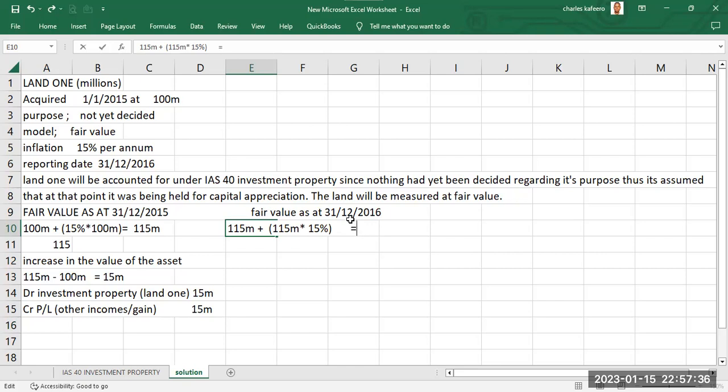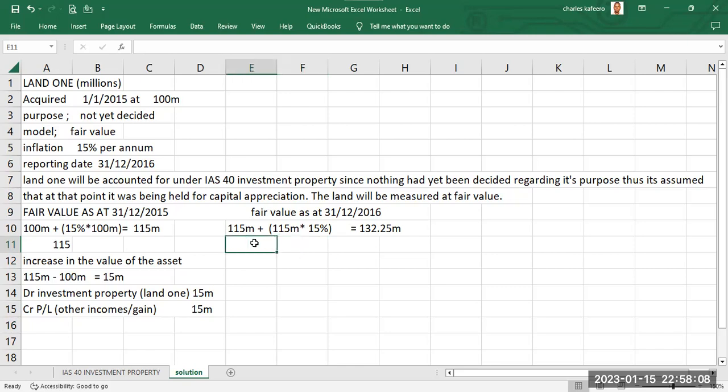There we are going to be getting 132.25 million. That's going to be the value as at 31st December 2016. So it is this figure that we are going to be taking to the balance sheet of this date.